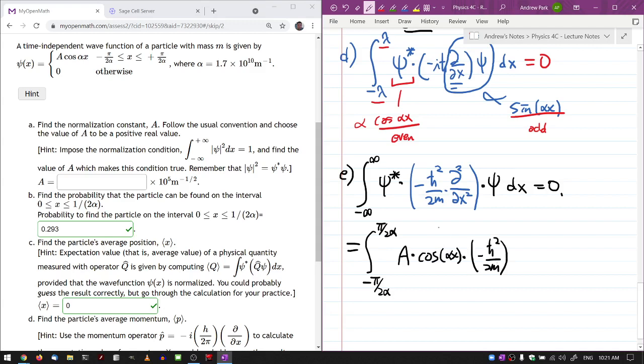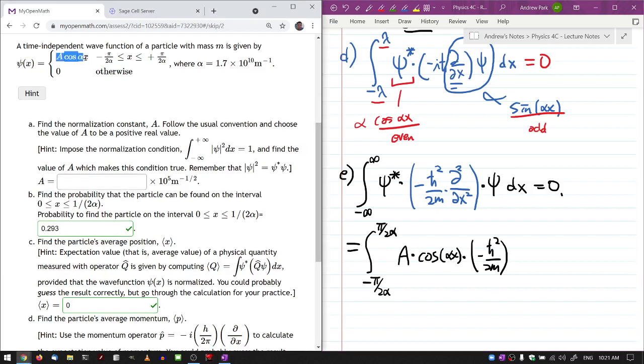And I think I can do the second derivative of this in my head because it's simple enough. I apply the chain rule to cosine of alpha x, and each application of the chain rule brings out a factor of alpha. So the first derivative will be minus sine alpha x times alpha. The second derivative will turn sine back into cosine.